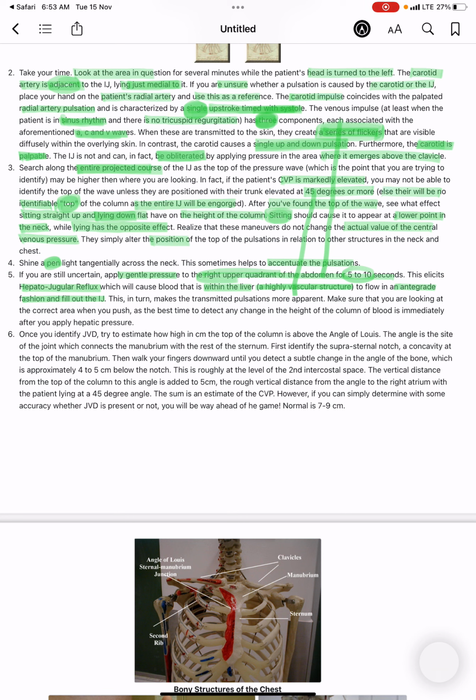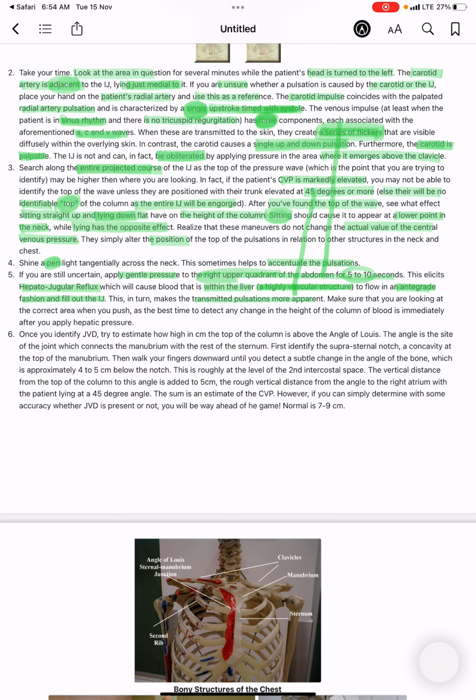This in turn makes the transmitted pulsations more apparent.